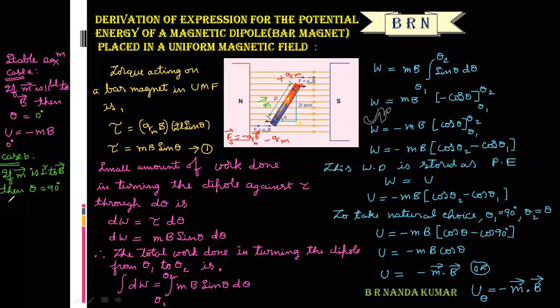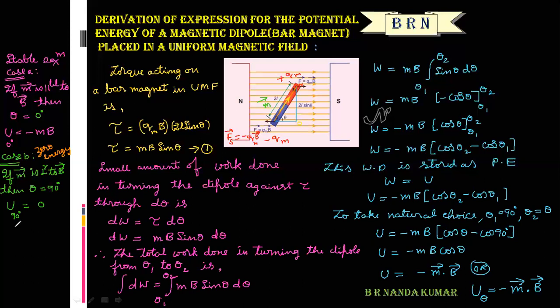So the potential energy is minus mB cos 90. Cos 90 is 0. So this is the position of zero energy. In this case, the potential energy of magnetic dipole is zero.